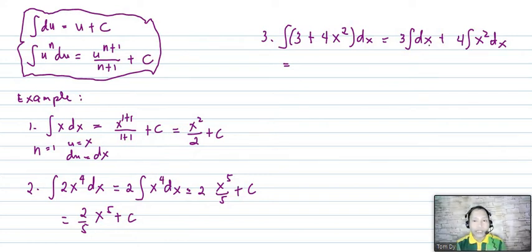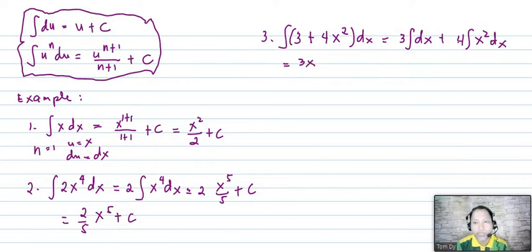3 dx, so we have here 3 dx, and then we have here 4x squared dx. Distribute the integral sign to each function, so that the integral of dx, the integral and d will be cancelled, so that this is equivalent to 3x.